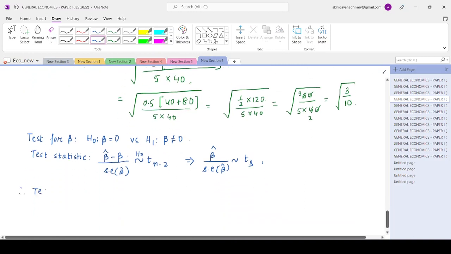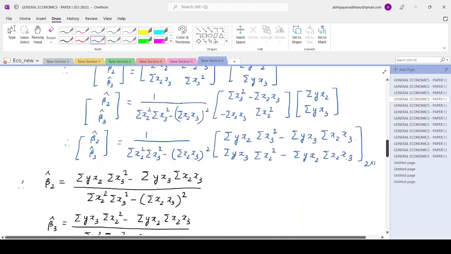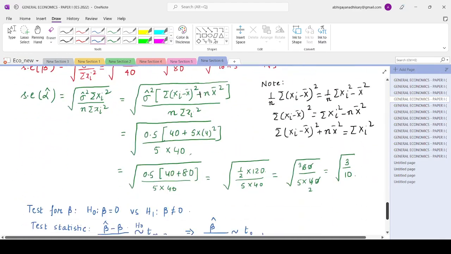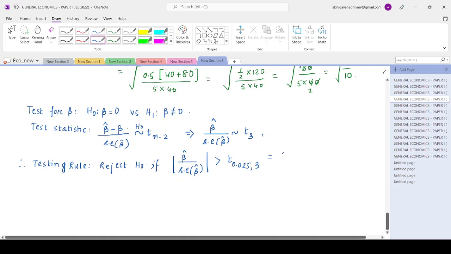And what is the testing rule? We will reject the null hypothesis if the absolute value of the test statistic is greater than the critical value. So in this case, t of 0.025 comma 3, which has been given to be 3.182. So we basically need to check this. Let us compute this first.